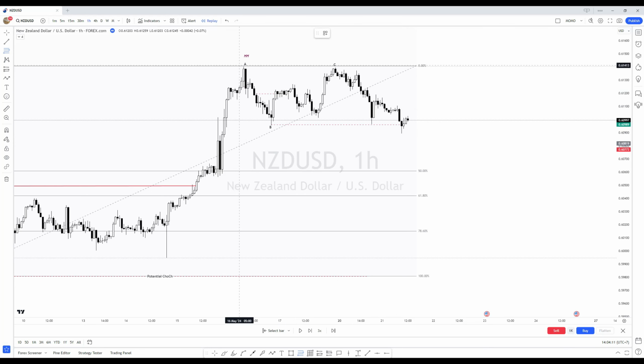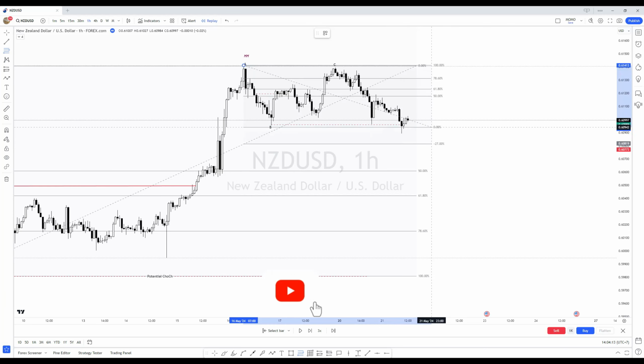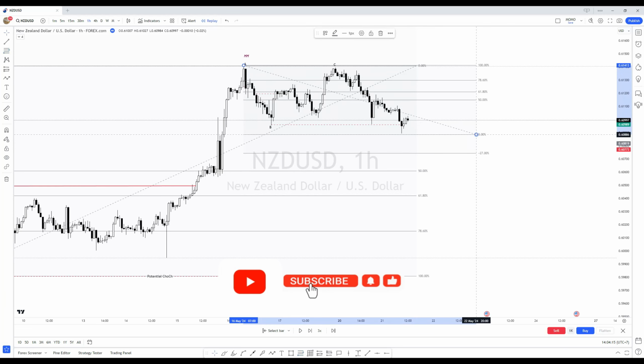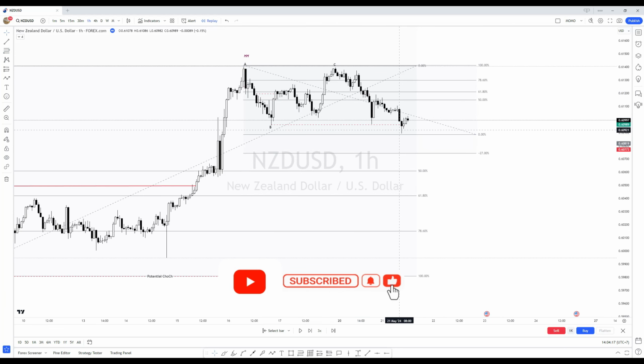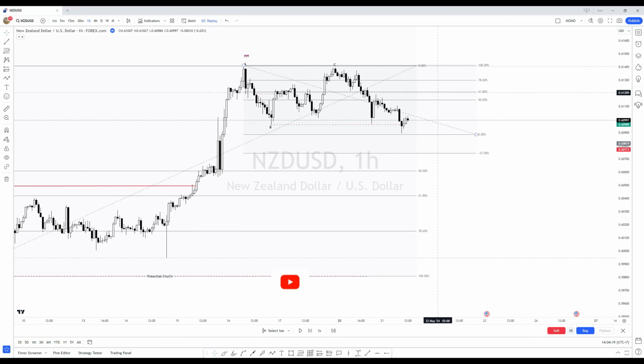So I'm going to use Fibonacci from A to the lowest candle here of the trend. So now I have Fibonacci in a counter trend. Now I have the A, B, C pattern formed in the premium zone that I can trade as a counter trend.